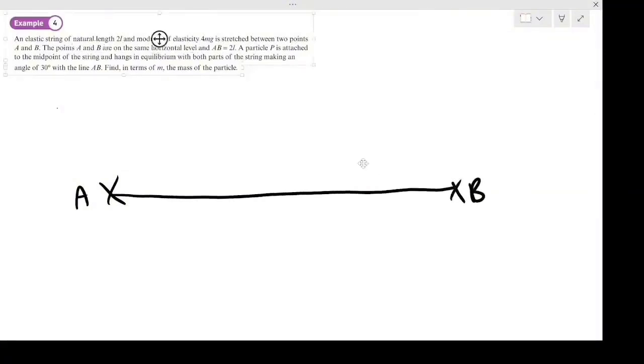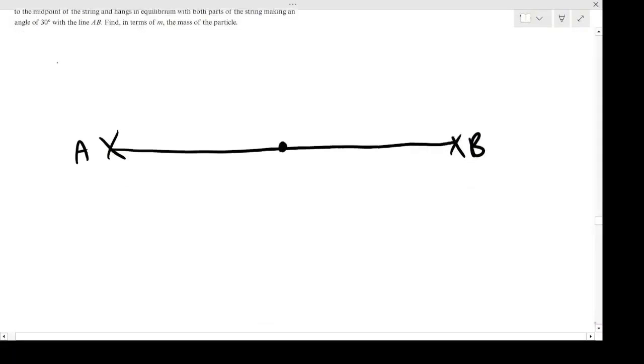And then the particle is at the midpoint here, and the particle is going to be hanging underneath the line like this.